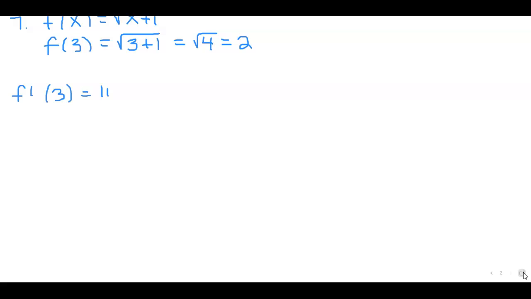So that equals the limit as x approaches 3 of the square root of x plus 1 minus 2 all over x minus 3. So that you have f of x minus f of a all over x minus a. So now what we're going to do is clean this up algebraically. Anytime we have a square root on top and bottom, I am automatically thinking about the conjugate.